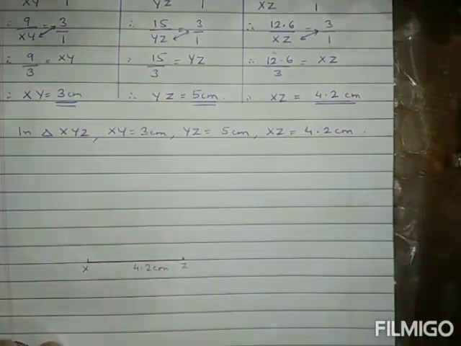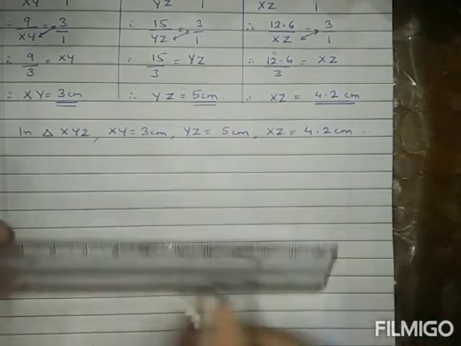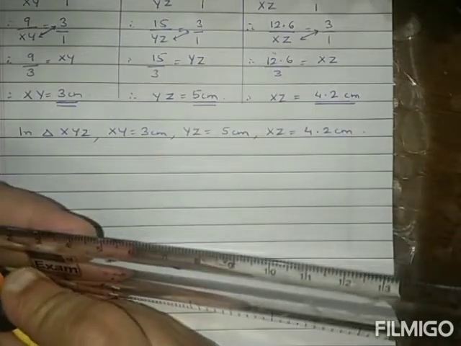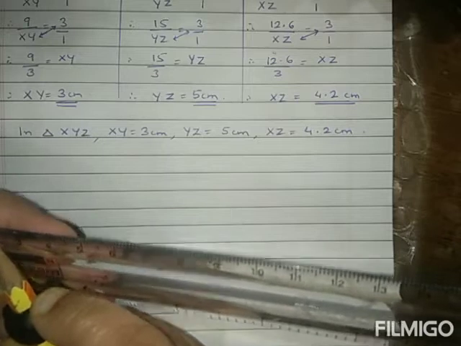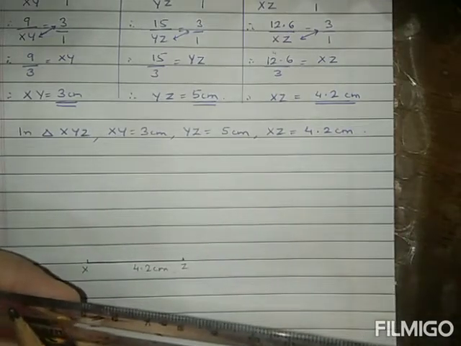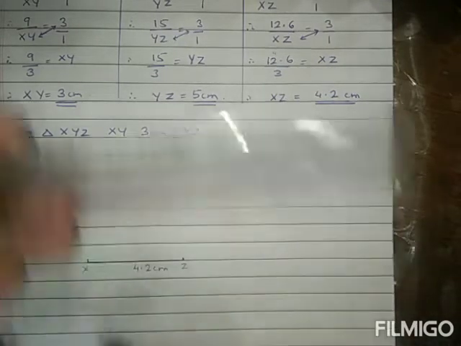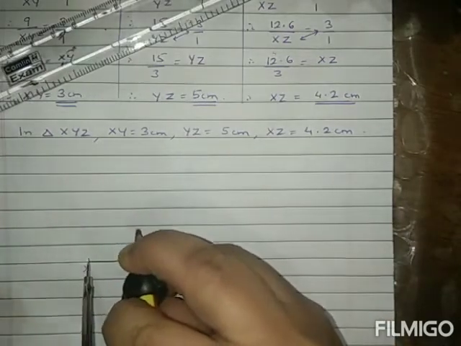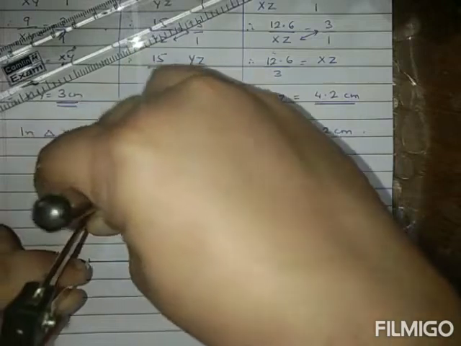XY is 3 centimeters. So on your compass, take XY, keep the pointer exactly at 0, and XY is 3 centimeters. Pointer at X, draw the arc.